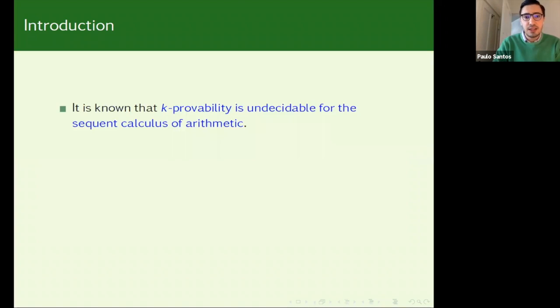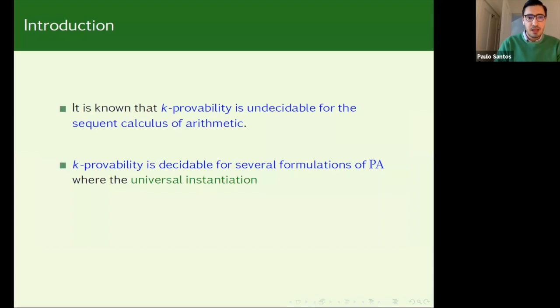Some known facts: k-provability is decidable for the sequent calculus of arithmetic, and here by sequent calculus of arithmetic, I'm assuming an infinite number of relation symbols to which we place no further axioms. K-provability is also known to be decidable for several formulations of Peano arithmetic with a subtle change in the universal instantiation schema, namely this schema.